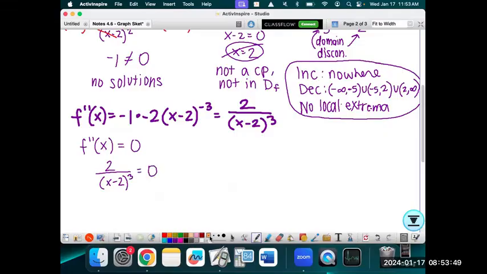All right, again, just like last time, go ahead and multiply your denominator to the other side. But also, just like last time, when you do that, you're really just left with the numerators equaling each other, or the numerator on one side equaling 0, which doesn't make sense. So that tells me that, again, there's no solutions from here, which, because this is the only way that we can get points of inflection, tells me that there are no points of inflection on this graph.